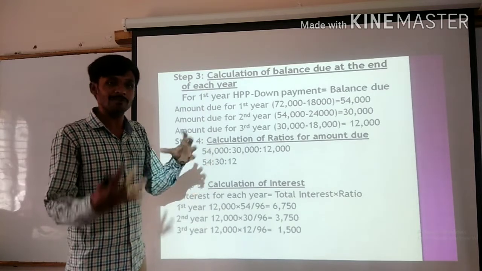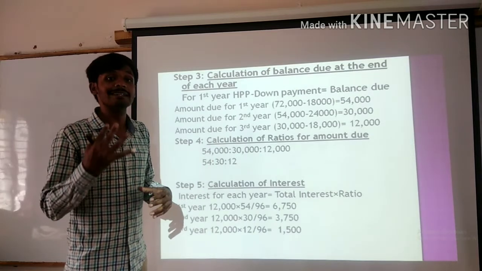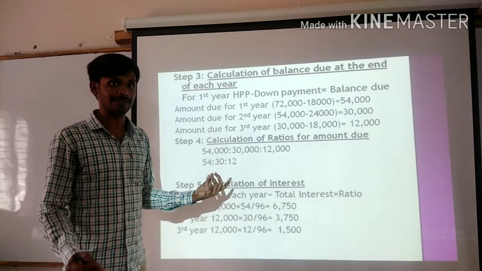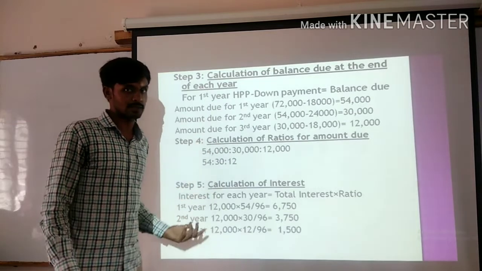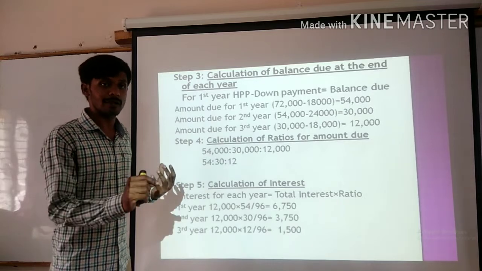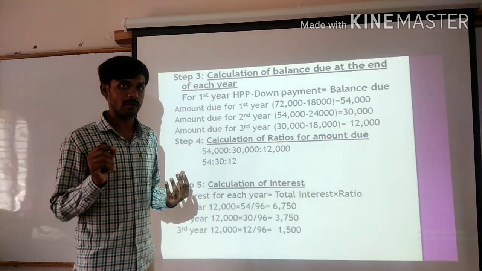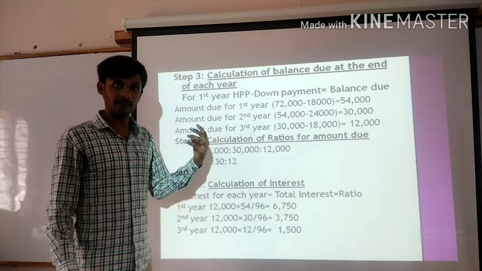If these words are present in the problem, we conclude that the installment doesn't include the interest. So for the installment, we just need to add up the interest, and based on that find out the interest. If the installment includes the interest, the last year's interest will be a balancing figure. If the installment excludes interest, there will not be any balancing figure.